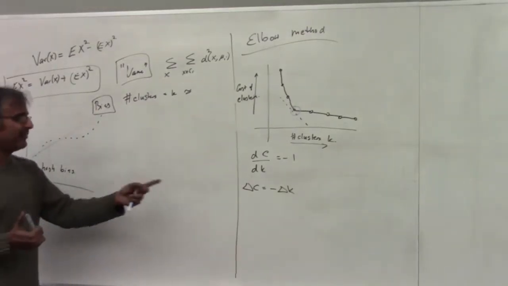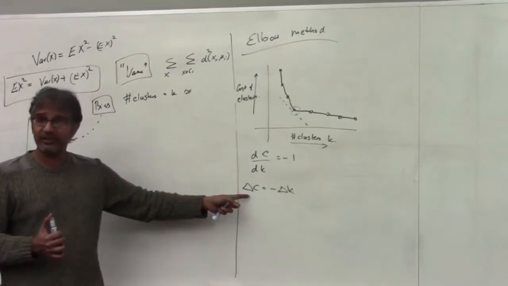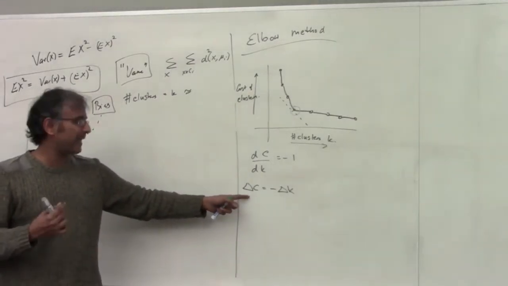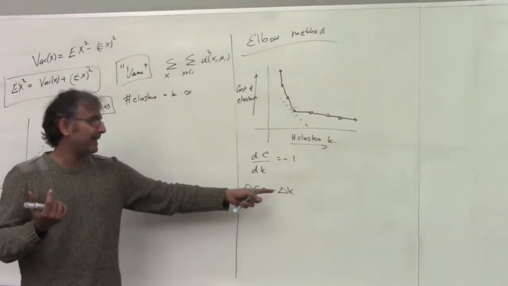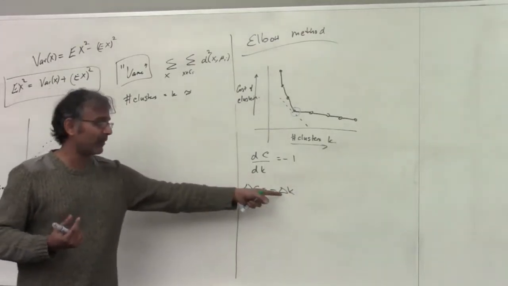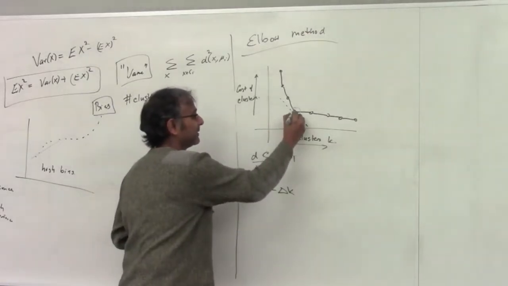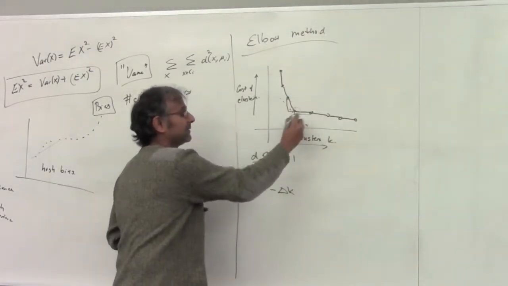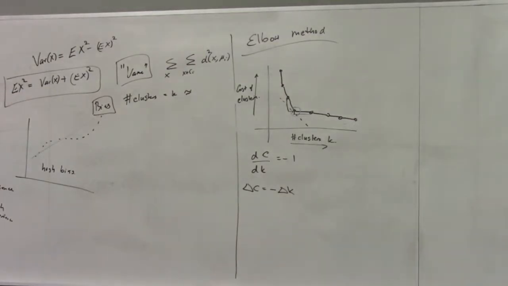So the benefit you get from reducing the error cost of the clustering is being paid for exactly by the increase in the model complexity. And if you go any further, it's no longer getting paid. You have to pay more in model complexity to get a lesser and lesser improvement in the cost. So it's basically a diminishing returns argument. Keep increasing the model till it no longer is beneficial to do so.